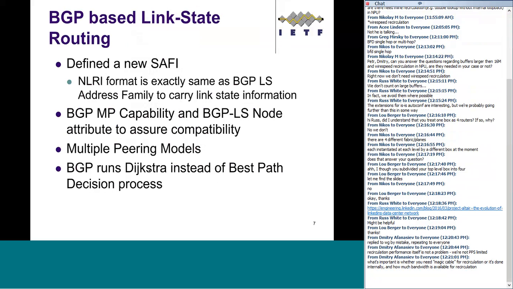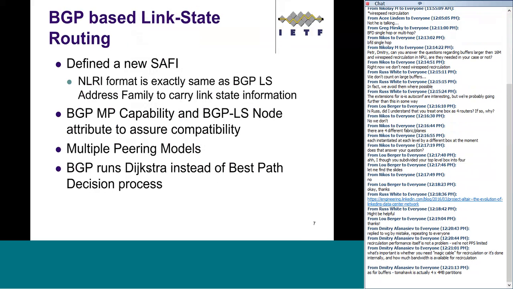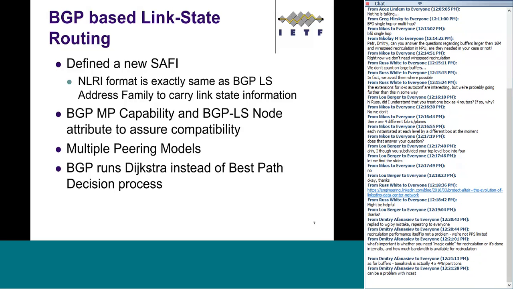All right, so I'm going to talk about the solution a little bit. If you're going to do some kind of SPF inside BGP, then you need a notion of link state packets. That has already been done inside BGP, outside this extension, as part of an RFC called BGP-LS. So we have defined a new SAFI here as part of this solution.